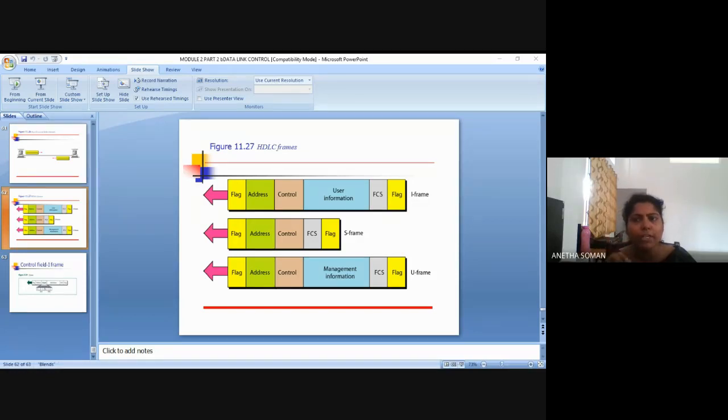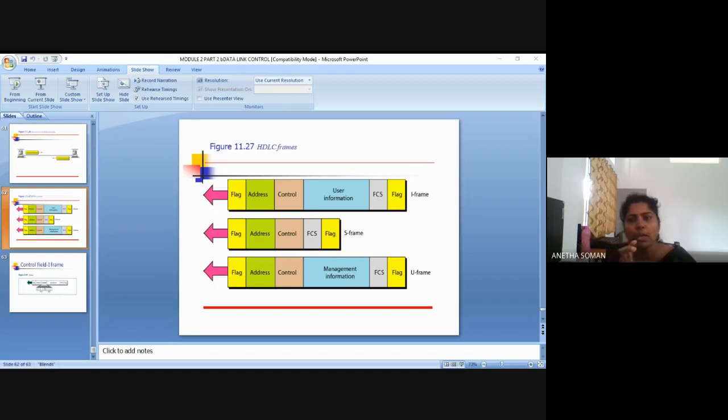You can have different types of stations: primary, secondary, and combined. And in configuration, you can have a balanced configuration, an unbalanced configuration, and a symmetrical configuration. Now, you can have frame structures for the HDLC protocol, 3 different frame structures: the I frame, U frame, and the S frame.